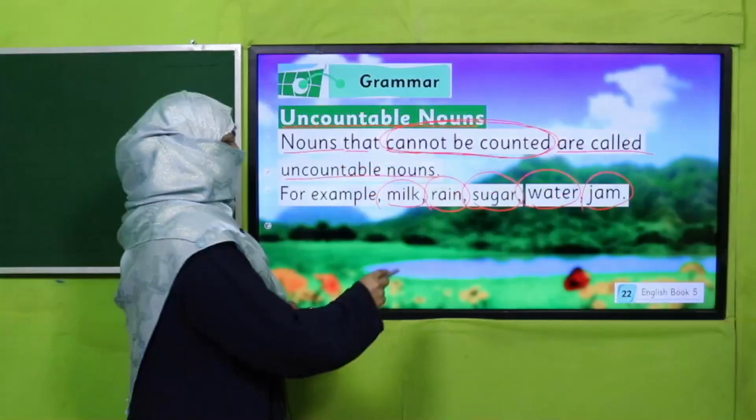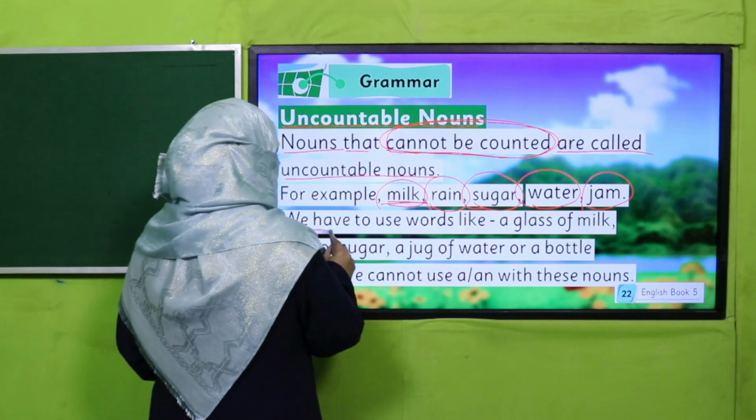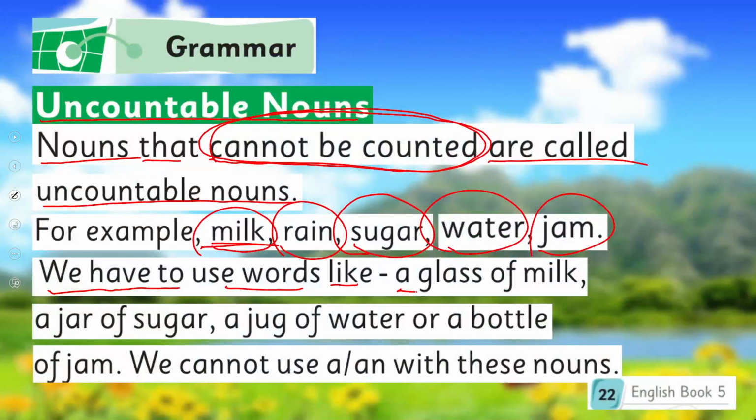And whenever we want to talk about an uncountable noun, how do we talk? We have to use words like a glass of milk. So this glass is basically the container which is carrying the milk, because milk is uncountable. A jar of sugar, a jug of water, or a bottle of jam.